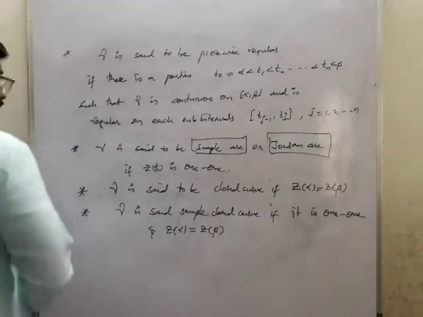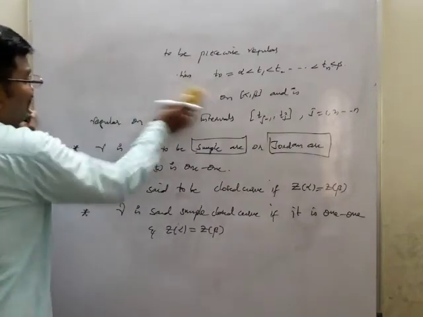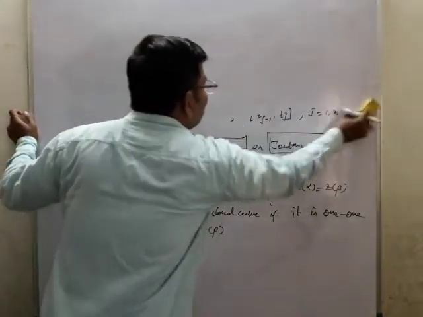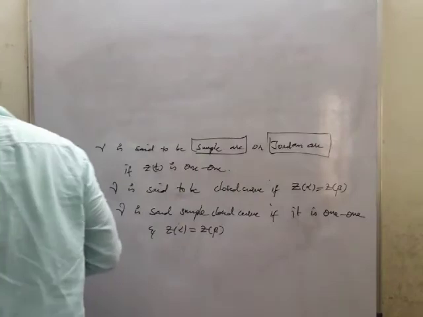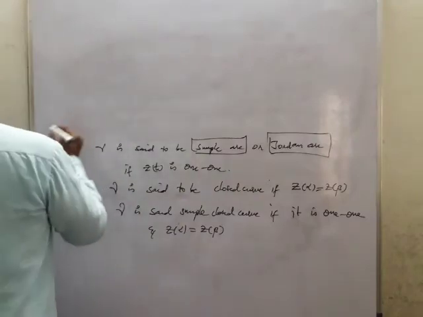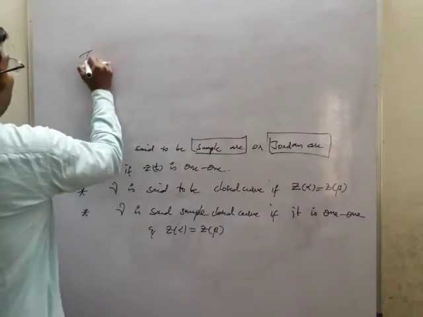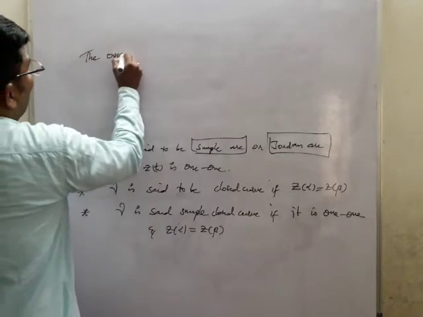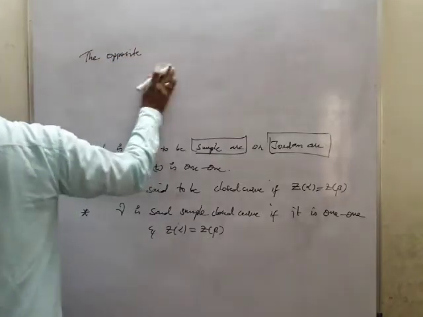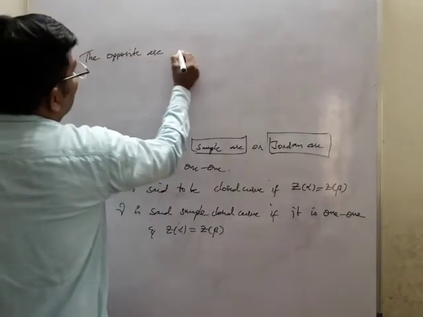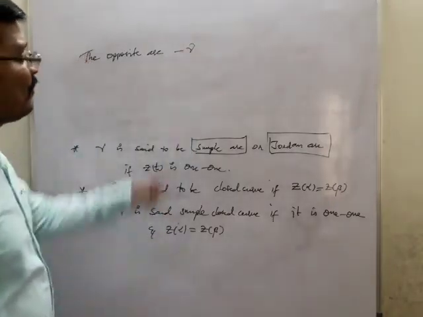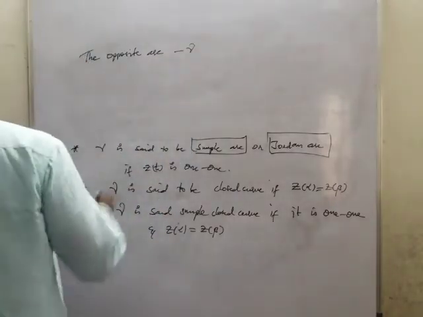Then one more important point regarding the arcs: suppose gamma, the opposite arc is nothing but minus gamma.